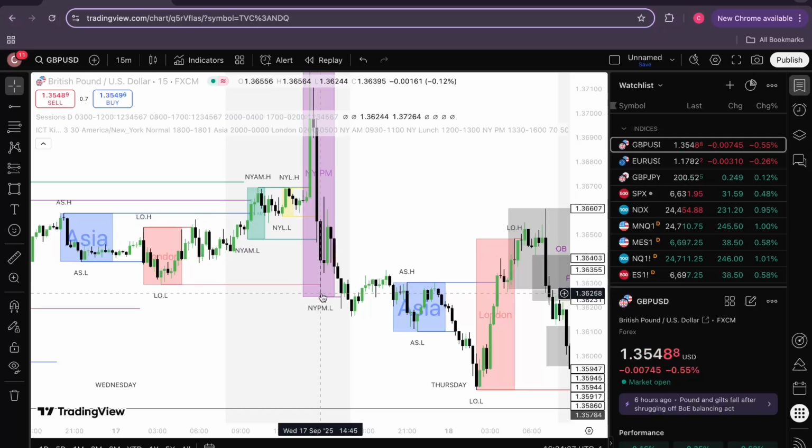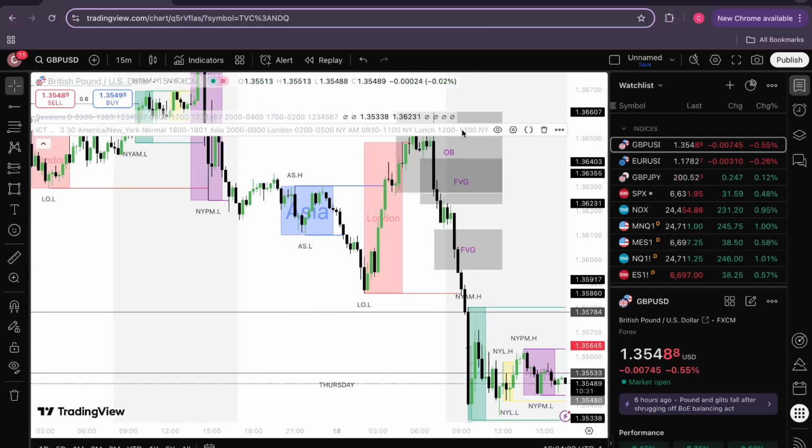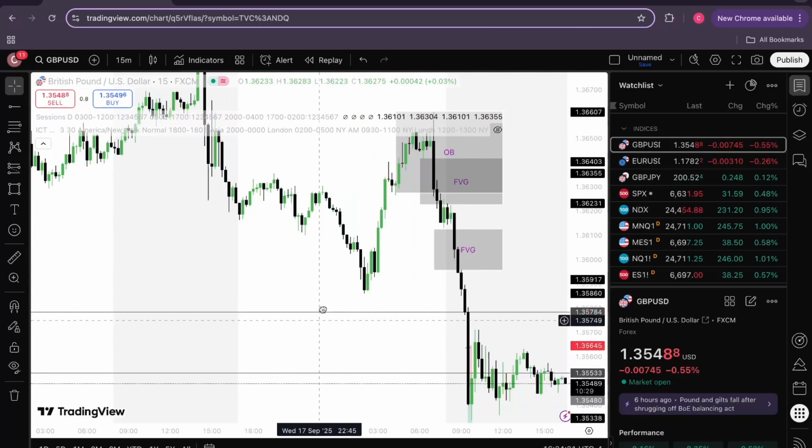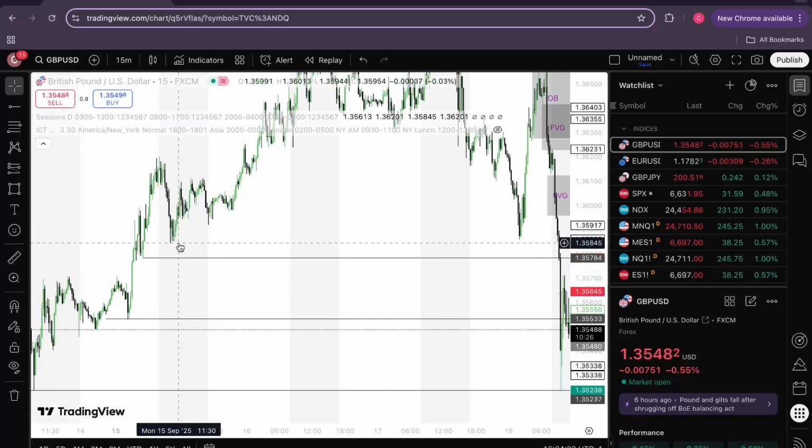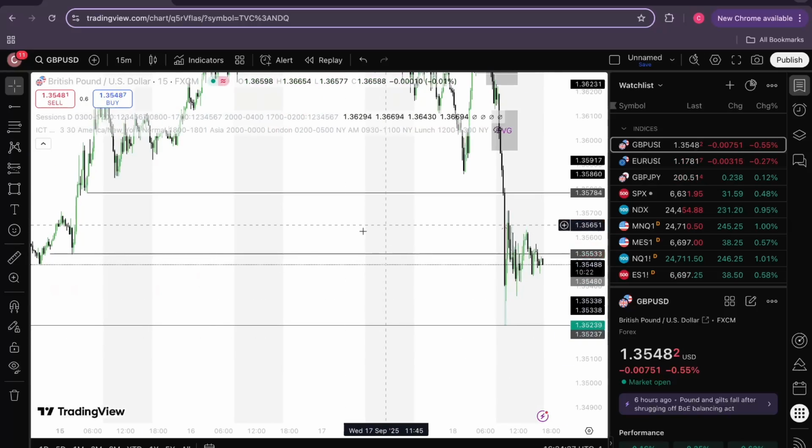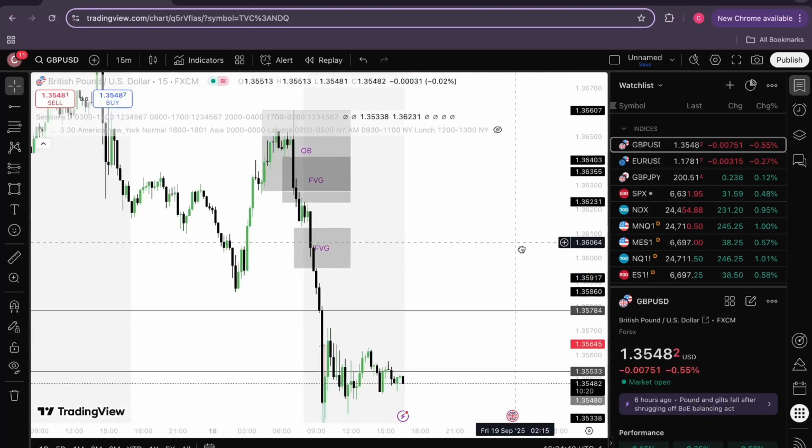Definitely was looking out for draws on liquidity to the downside, right? Like these lows, these are all high target areas. These lows, these lows, these lows here, right? So that was my initial bias for the day.